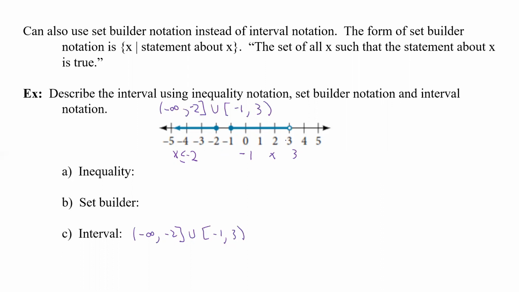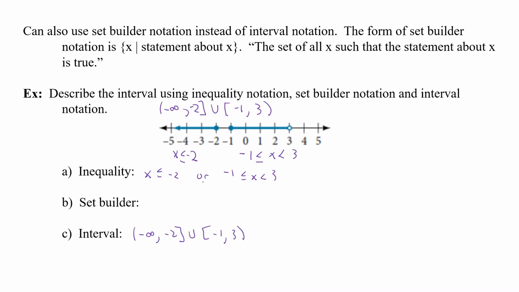Now, because this is a closed circle, it's going to be greater than or equal to, and because this is an open circle, that's strictly less than. Okay, so now we've got 2 pieces. With inequalities, we say x is less than or equal to -2, or -1 less than or equal to x less than 3. And so we put that or in there.